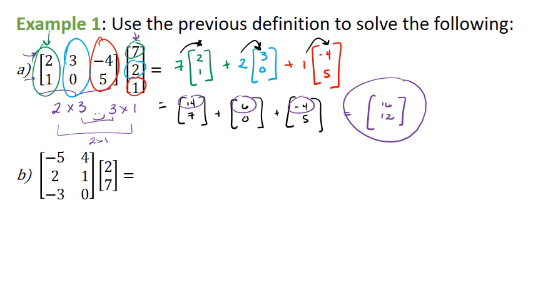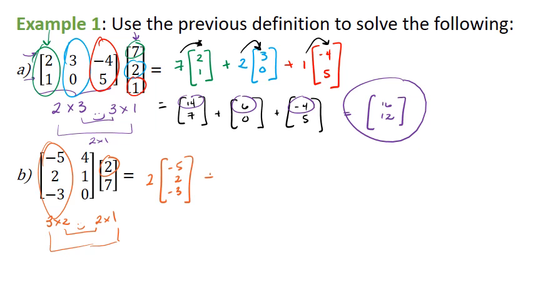Here I have 3 rows by 2 columns and 2 rows by 1 column. Since these are the same, my resulting matrix should be a 3x1 matrix. So when I do this, I'm going to take this column times this entry, plus this column times this entry.